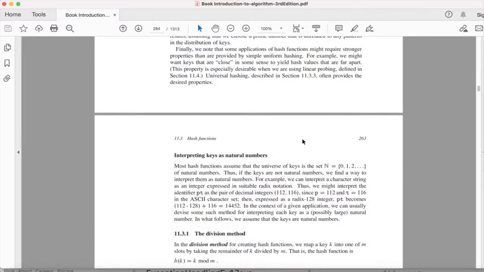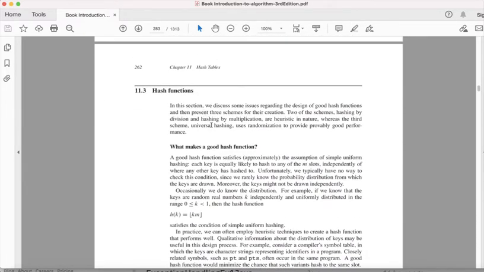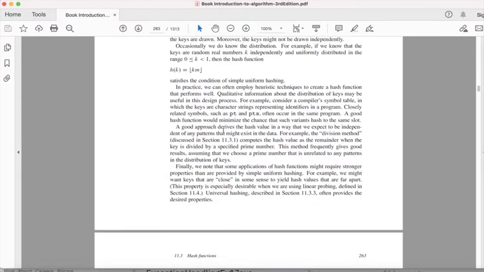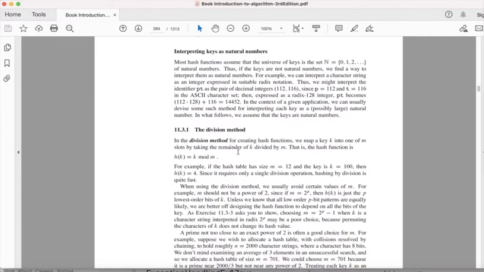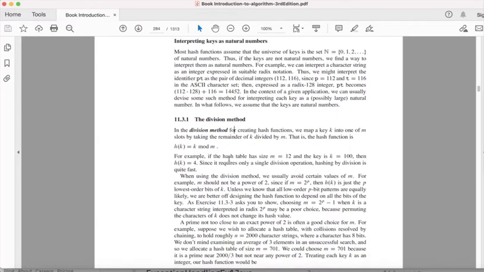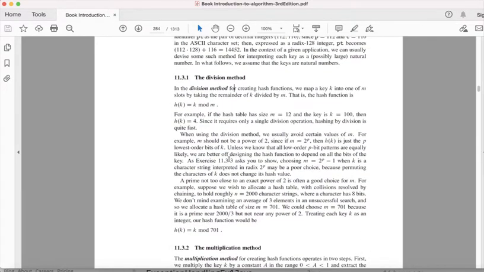So what is our goal? Our goal is to use better hash functions, right? There are some ways to develop better hash tables using different methods. One of them is called the division method, which uses modulus division.